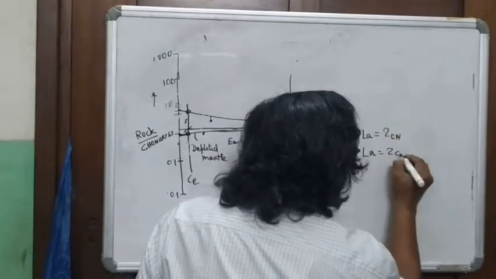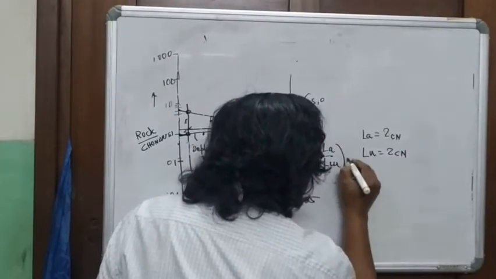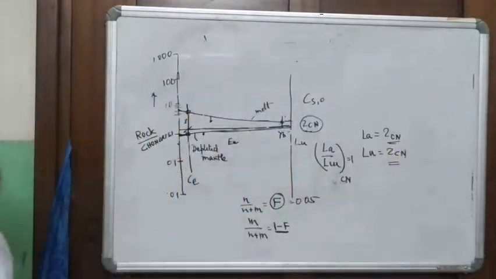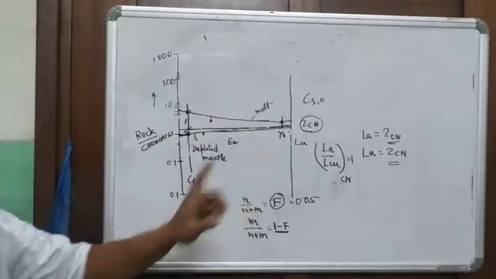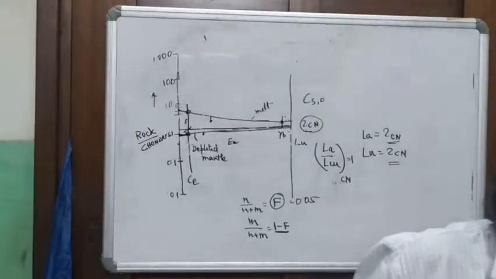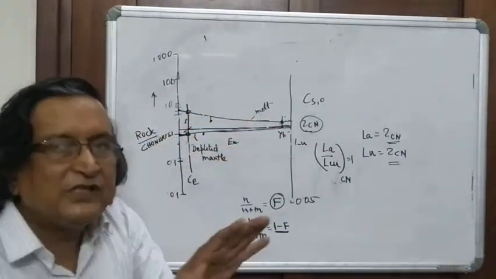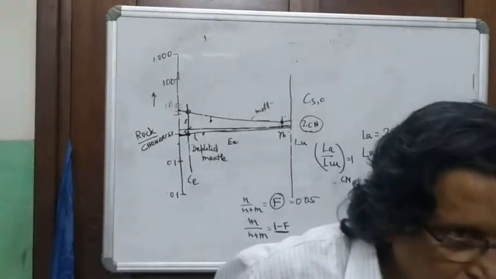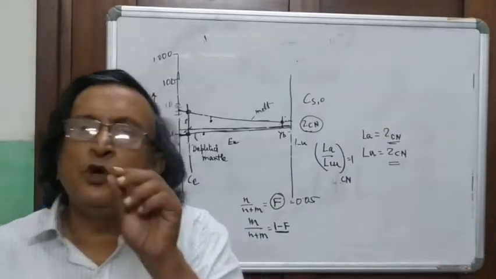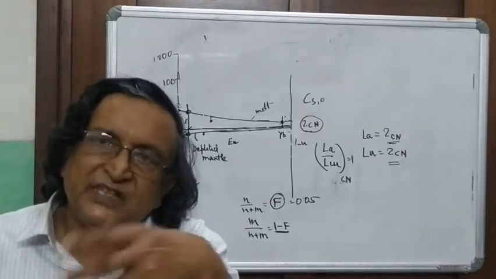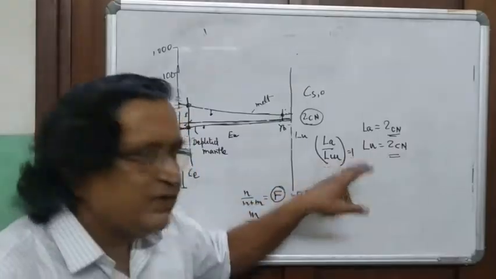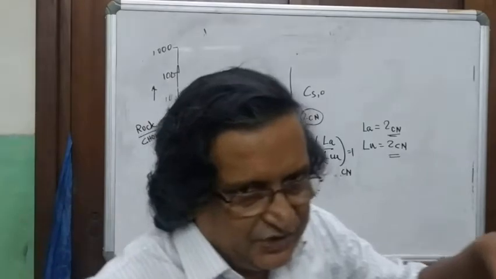Lu is equal to twice chondrite normalized. La by Lu, chondrite normalized, is equal to 1. Of course, because both of them have the same condition. So when I drew these diagrams, I did it where La by Lu chondrite normalized is equal to 1. That means the mantle was not fractionated before. Not fractionated. That's a very important part. And it was only twice enriched with respect to the chondrite, so the ratio was equal to 1. The source rock was not fractionated.